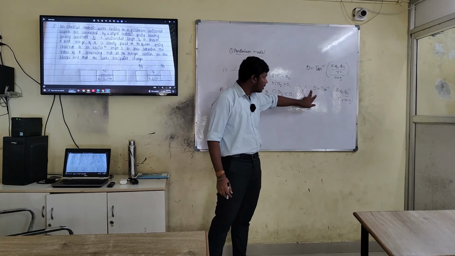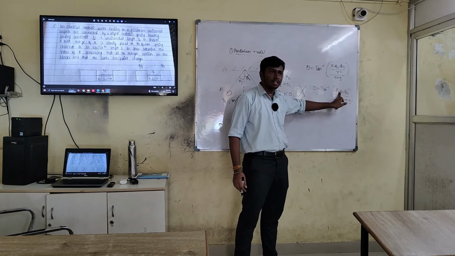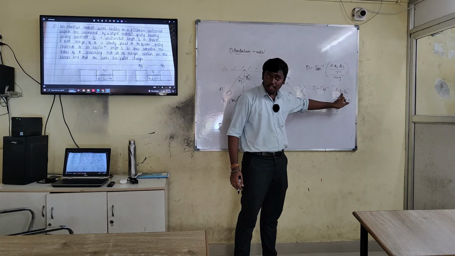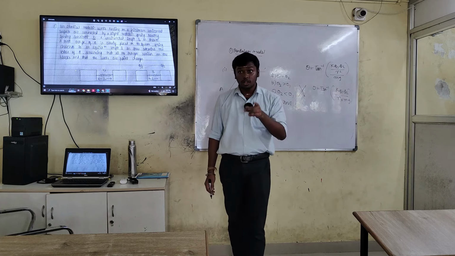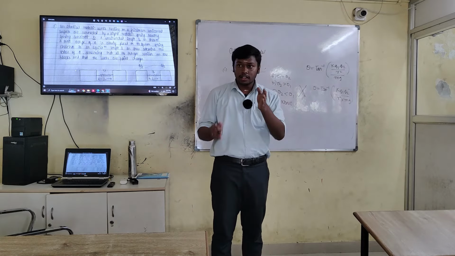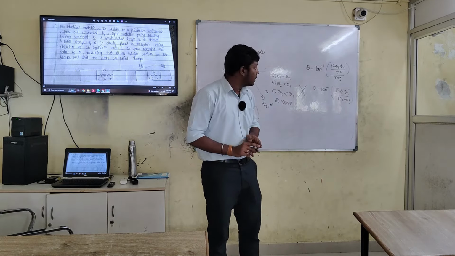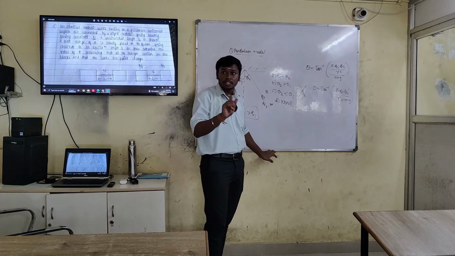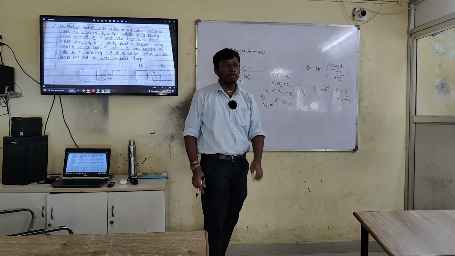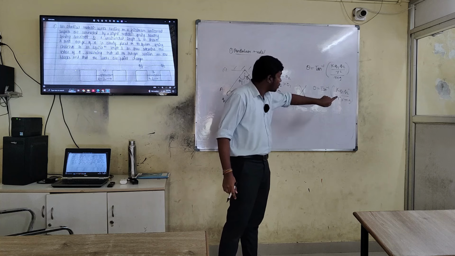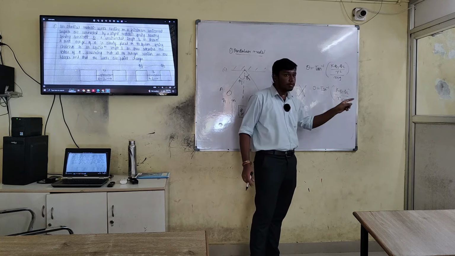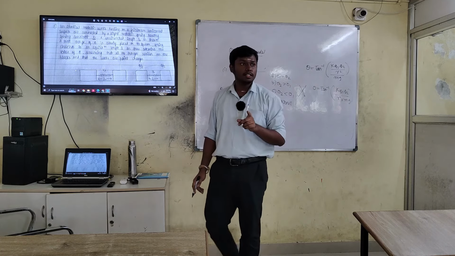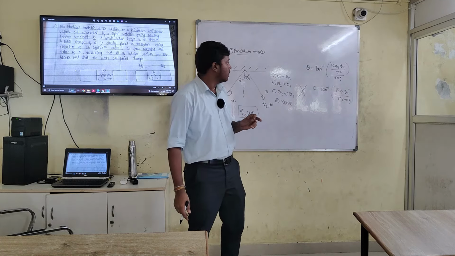So does the angle depend on the charge? No. In gravitation also, the gravitational force doesn't depend on the individual mass, it depends on the product of the masses. Here also, in Coulomb's law, the angle and the force depend on the product of the charges, not on a single charge.